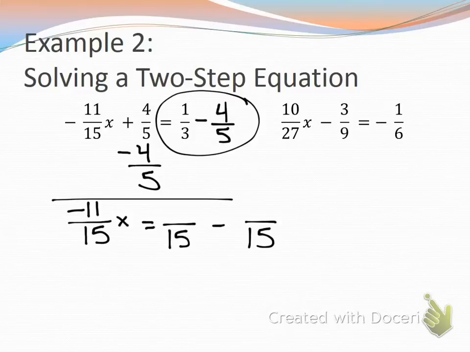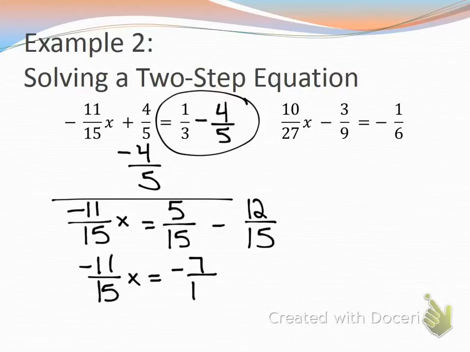First numerator is going to be a 5 because 3 times 5 is 15. So 1 times 5 is 5. What about my second one? 5 times what is 15? 3. So 4 times 3 is 12. What is 5 minus 12 now? Negative 7. So now I have negative 11/15 x equals negative 7/15.